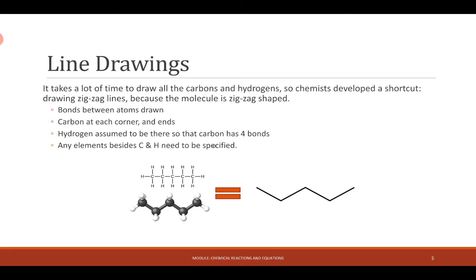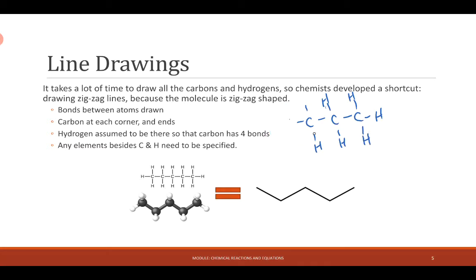It takes a really long time to continuously draw out molecules in organic chemistry because you have to draw all these different lines and all these different hydrogens. And so it's extremely time consuming to do this over and over again. And so chemists developed a shorthand called line drawings.